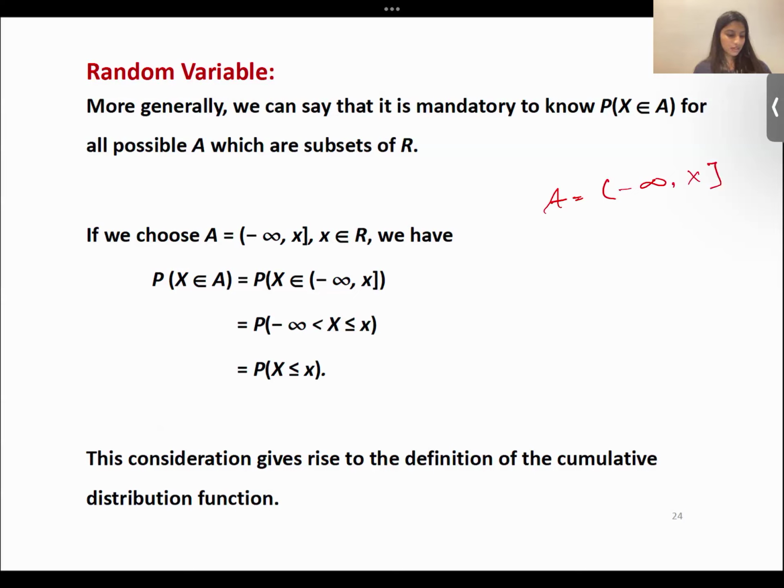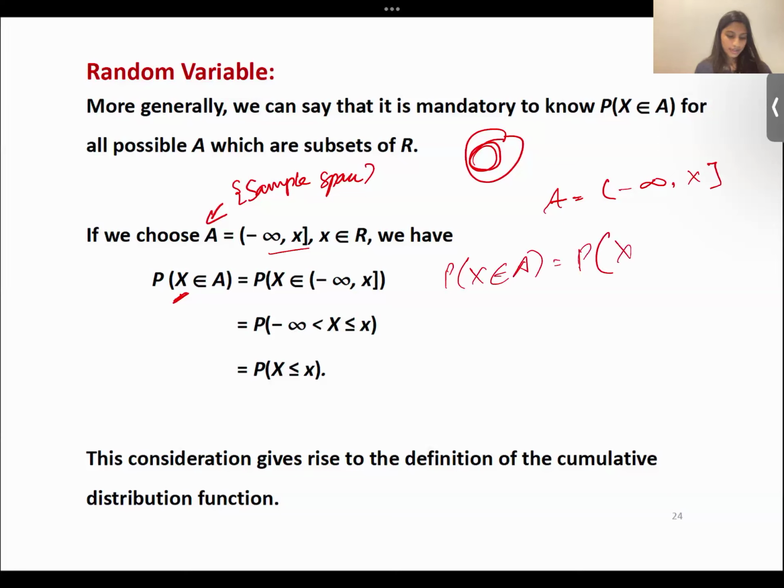Here x belongs to R, the superset, and A is a subset of R. The probability that x belongs to A can be calculated as the probability that x belongs to the interval from minus infinity to x.